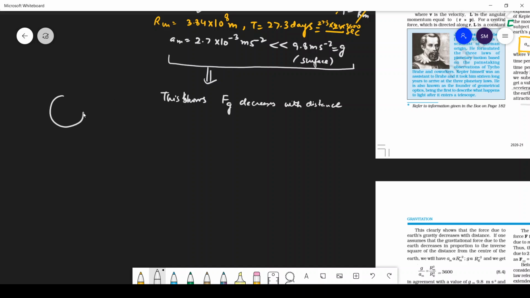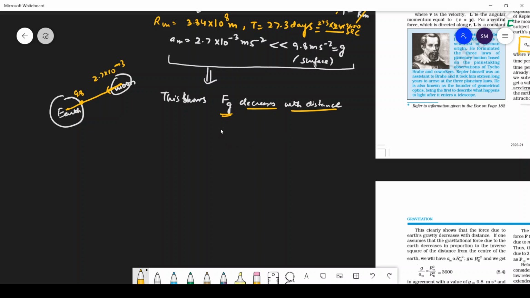So here was the Earth and the moon was over here. On the surface, its value is 9.8 meter per second square, acceleration due to gravity. Whereas the centripetal acceleration of the moon is 2.7 into 10 raised to power minus 3. So it means this gravitational force decreases with the distance.